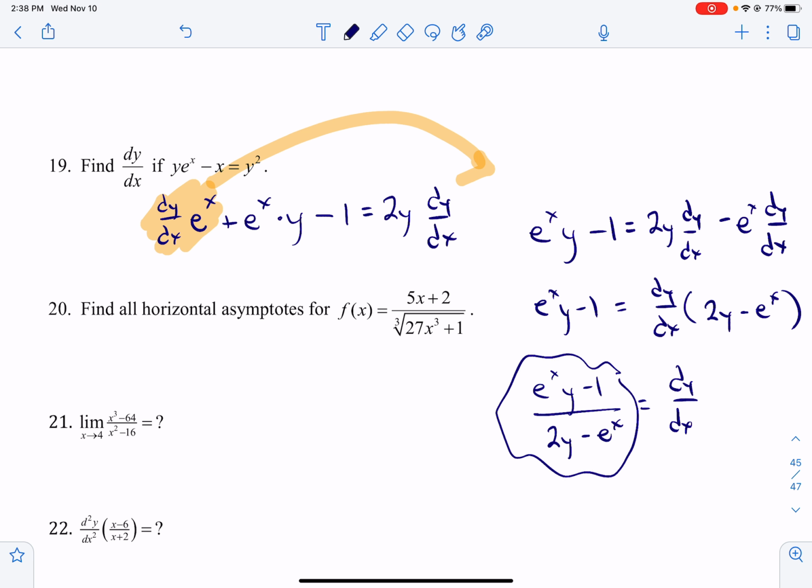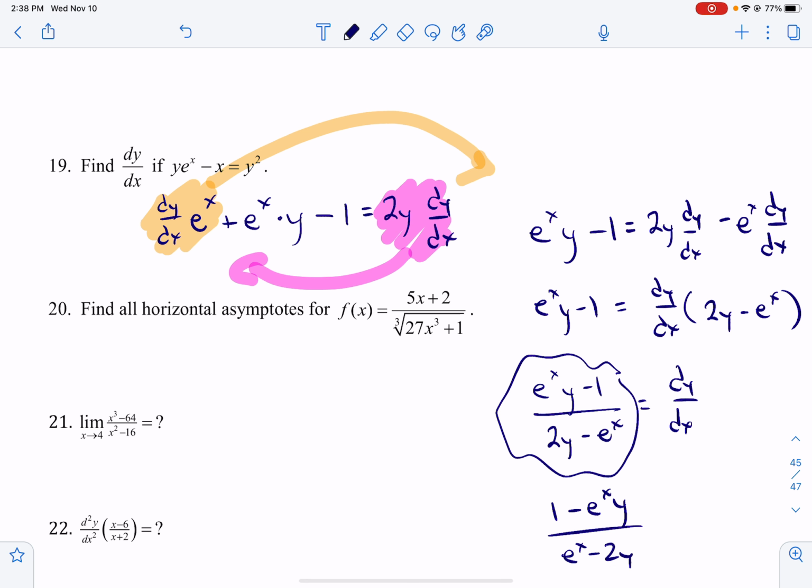But maybe you moved terms at the very beginning. Maybe you took this 2y and moved it the other way. So your answer might have ended up being positive 1 minus e to the x y over e to the x minus 2y equals dy/dx.